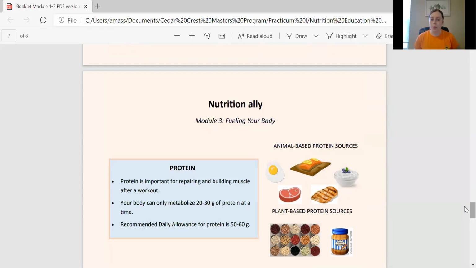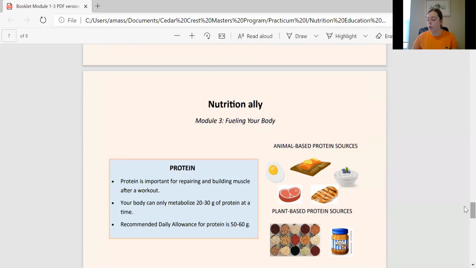I mentioned before that you want to make sure you're getting the leaner cuts of these proteins to decrease your saturated fat consumption. But red meats really do have a lot of beneficial nutrients, as well as other animal-based proteins.